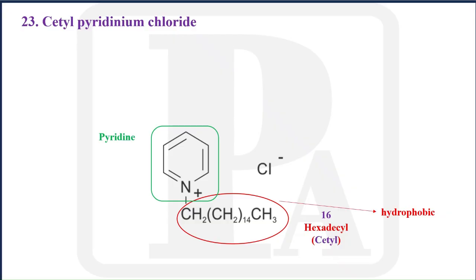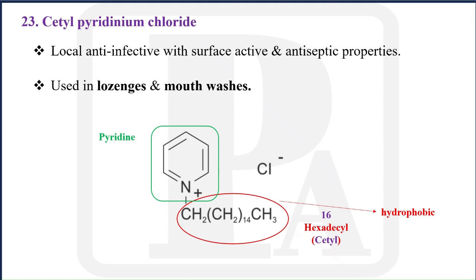This one is hydrophobic in nature. It is used as a local anti-infective with surface active and antiseptic properties. It is used in lozenges and mouthwashes, and the nature of the alkyl group is hydrophobic.